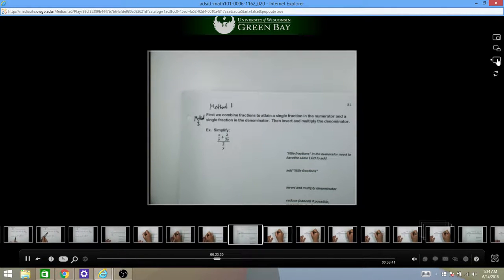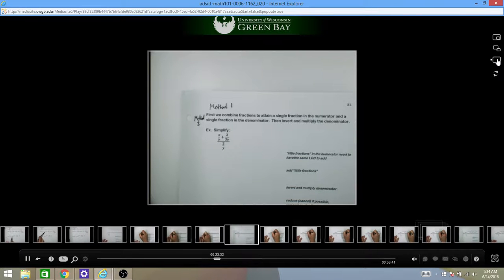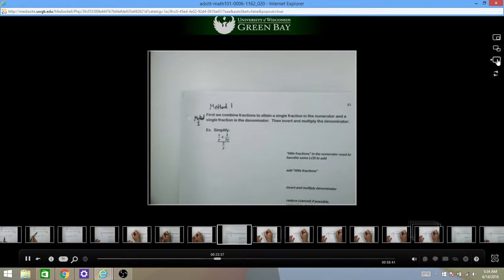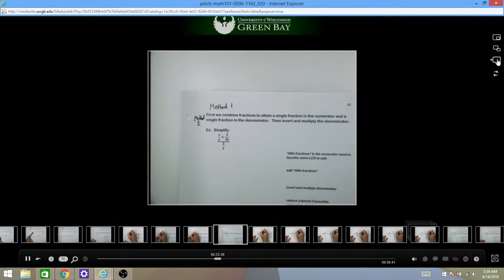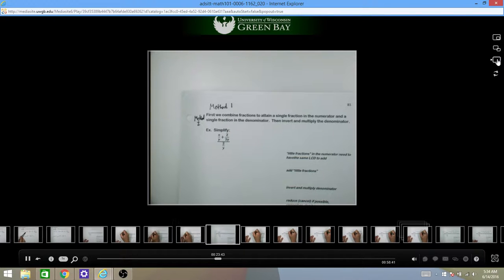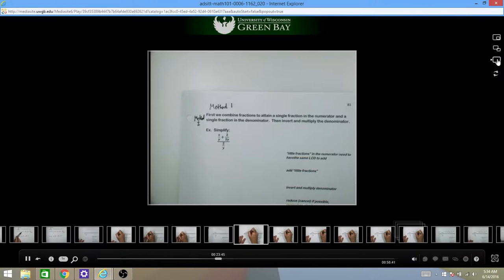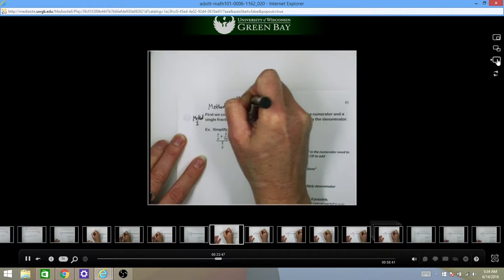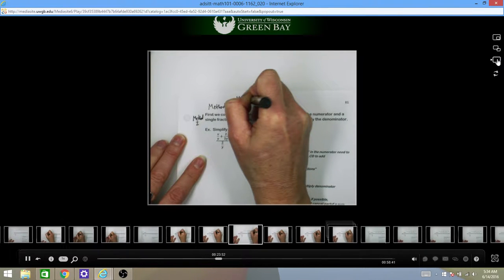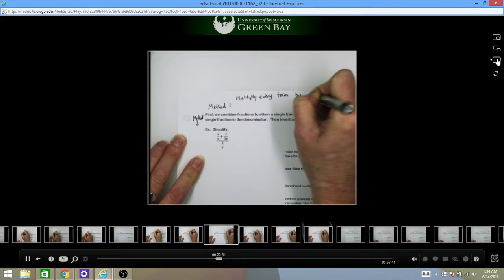You get mixed up, like, which am I doing? But on WebAssign in the solutions, when you go, practice another version and then you look at the solution, they usually use method 1. So I want you to know, what are they doing there, okay? So method 1 is to multiply every term by the LCD of the little fractions.